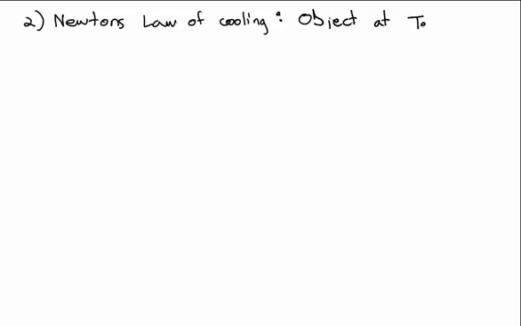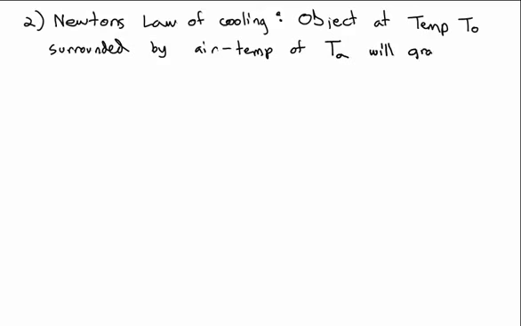at temperature T sub 0, starting temperature, initial temperature T0, surrounded by air temp of T sub A, let's do capital T, air temperature T sub A, will gradually cool to a temperature T over time, lowercase t.